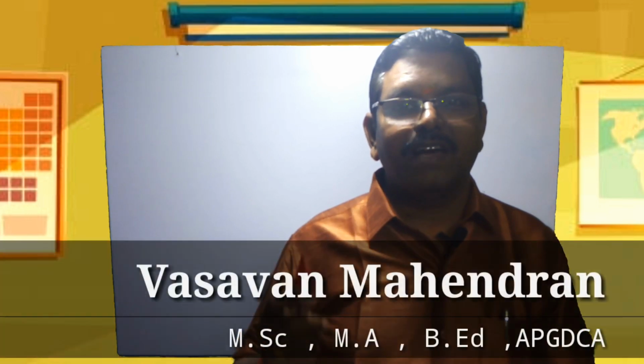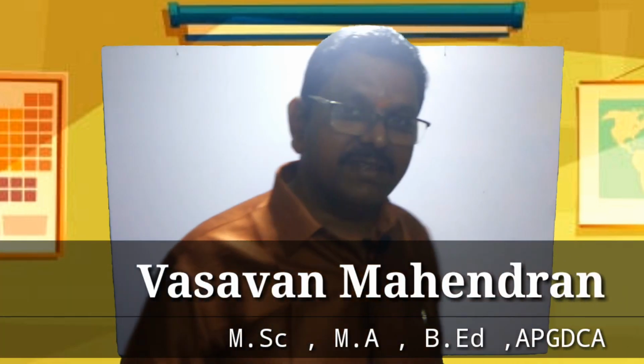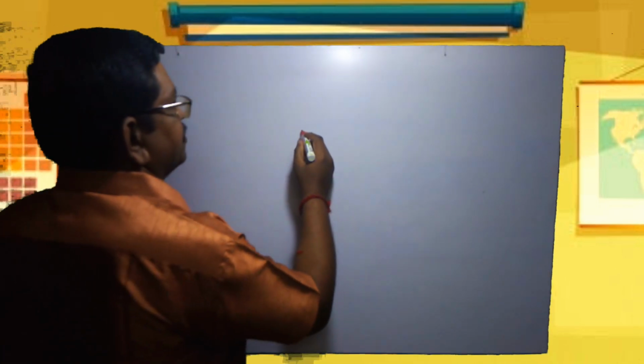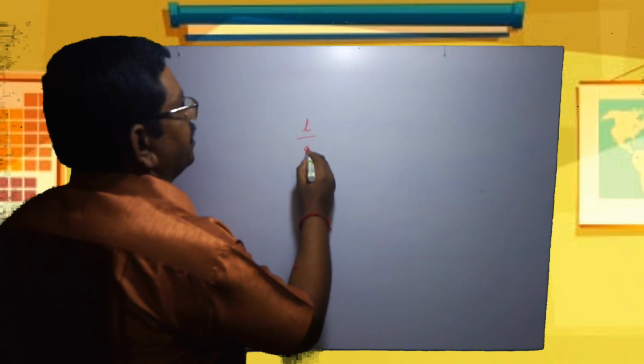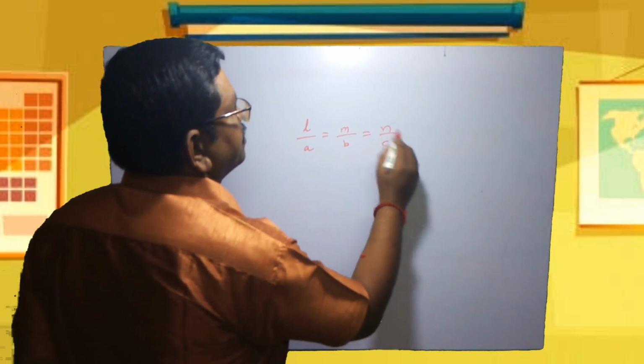Hello students, now we are going to discuss how to find the angle between two given lines. So first let us revise how to find the relationship between the direction cosines and direction ratios. In our previous video we discussed that l/a = m/b = n/c.